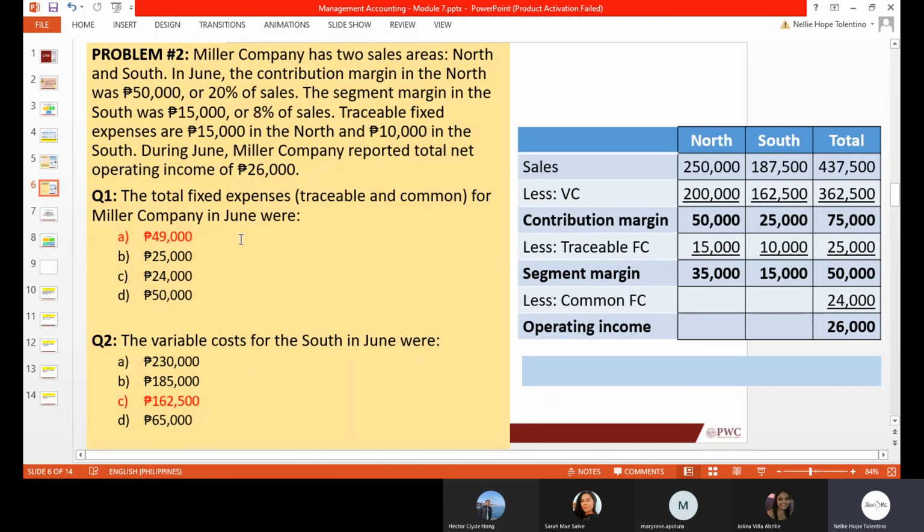Daghan jud kaayog is-solve. Dali ra kay mahurot ang papel. Yeah. So, lots of scratch papers pag magte-take ng exam.